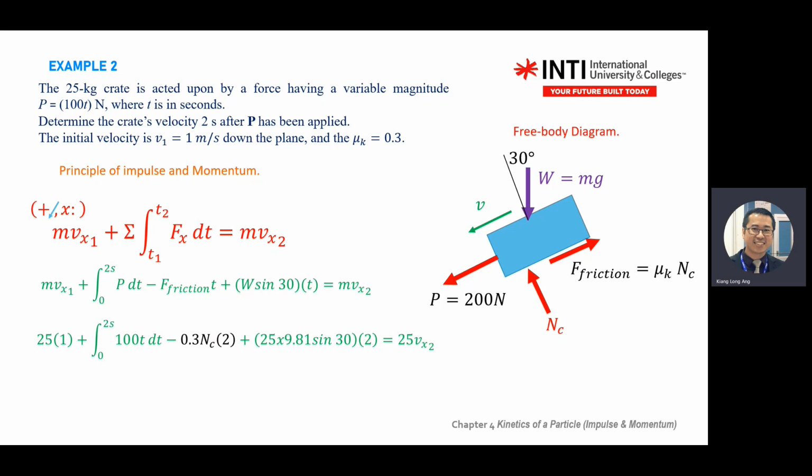If you cannot answer, you do another 10 integration homework. What is the next step? 100t integrate dt.